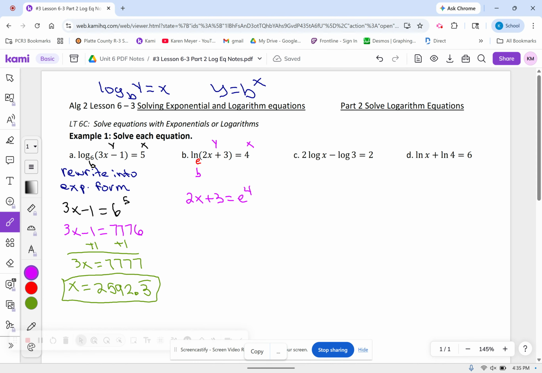So on your calculator, you would do second ln, and then e pops up, and you type in 4. So I would have 2x plus 3 equals 54.